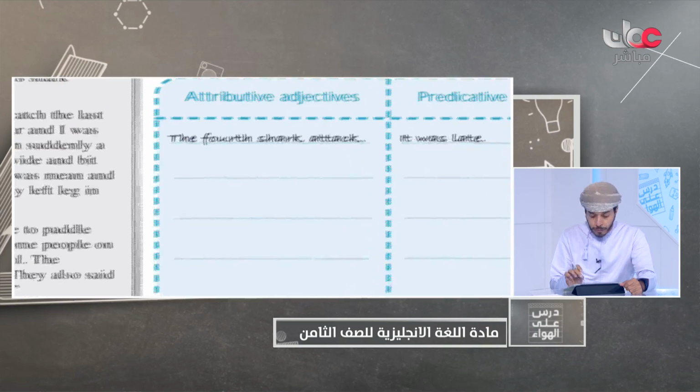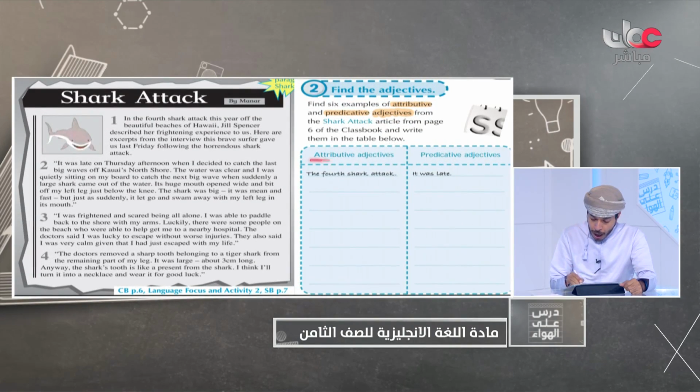Good. But predictive because the adjective comes after the verb. Good. So now let's find some attributive adjectives, and these were taken from here. So we have here fourth shark attack. This is number 1. And also it was late. So these are answered already for you as examples, and we have to read and find different attributive adjectives, and we will shade them in blue.